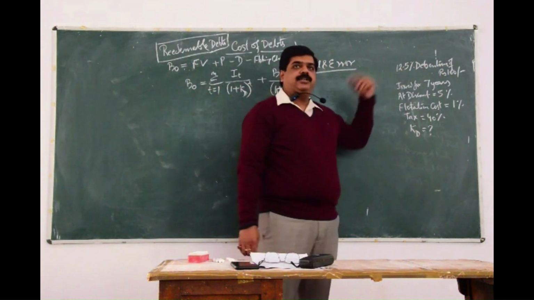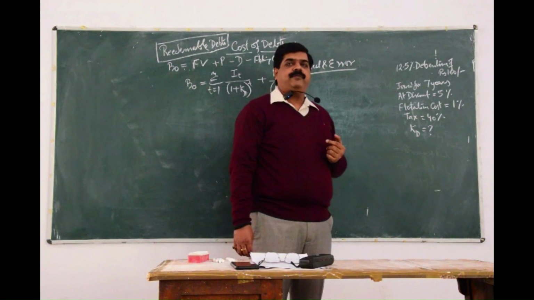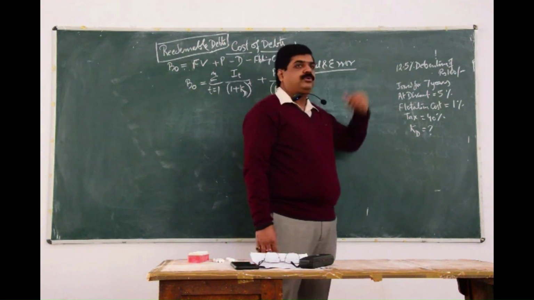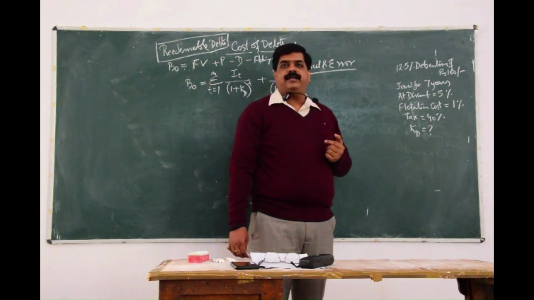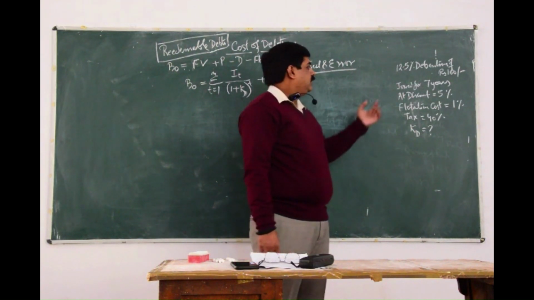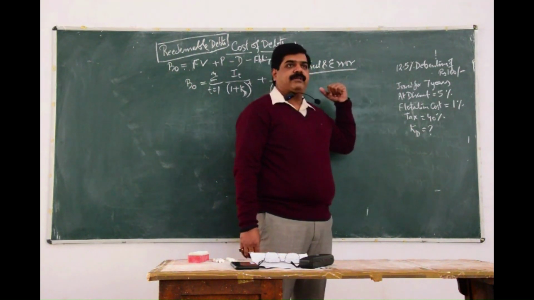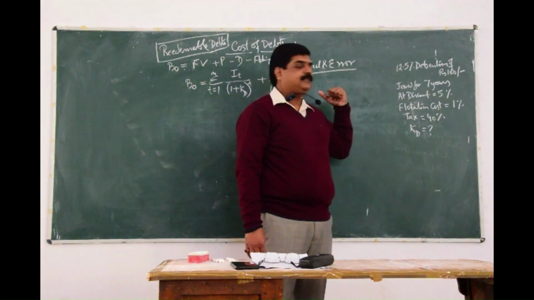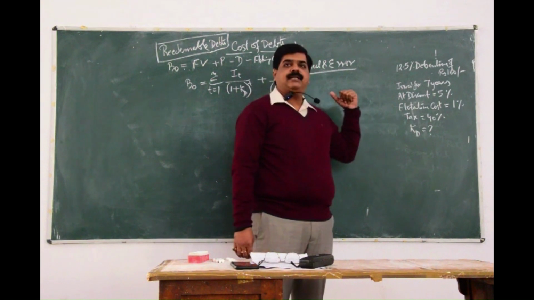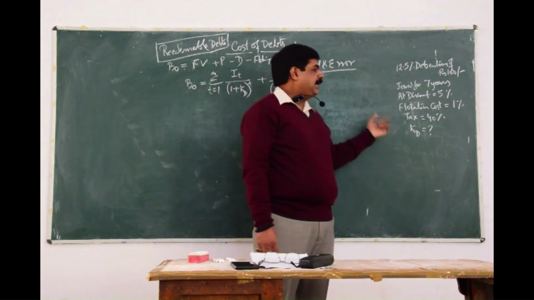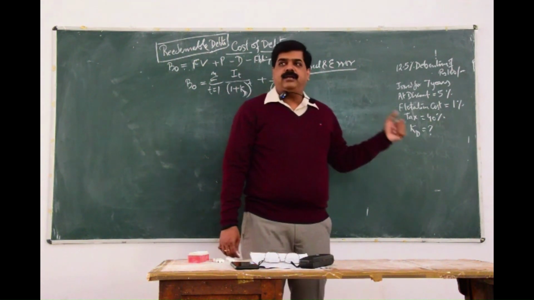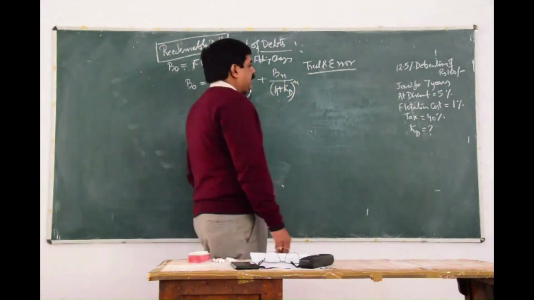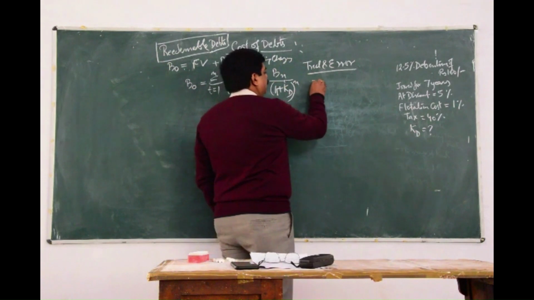The example has been given. A company issues a debenture at 12.5% interest, and the face value is given as rupees 100. This debenture is issued for 7 years at a discount of 5%. Floatation charges are given as 1. Tax rate is given as 40%, and we are supposed to calculate the cost of debt. So in this case, first of all, we have to calculate the issue price.